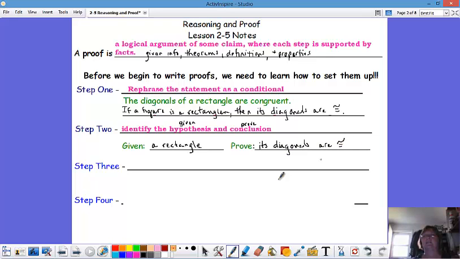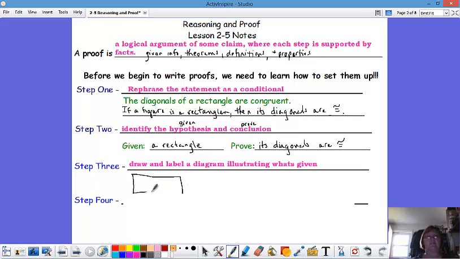All right, good. The third step in the proof writing process, sometimes I disagree with this. Sometimes I think this should be the second step. Draw and label a diagram that illustrates what's given. And folks, in this case, what we are given is a rectangle, and we're going to show its diagonals because those are the things that we're looking at. So we're going to draw ourselves a picture.